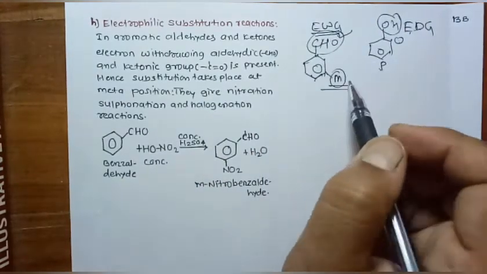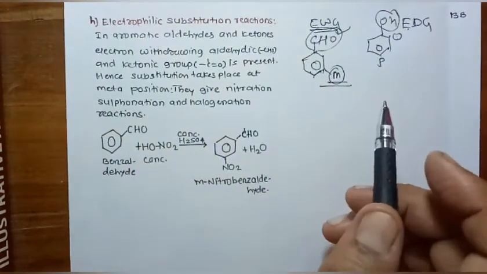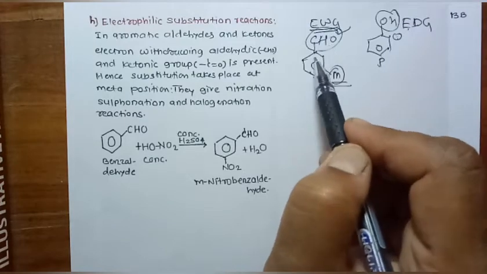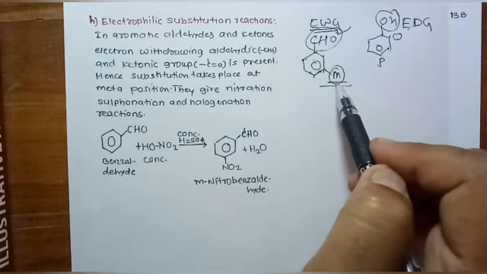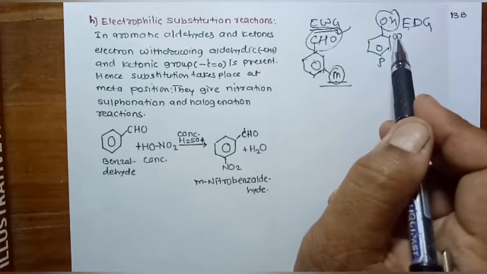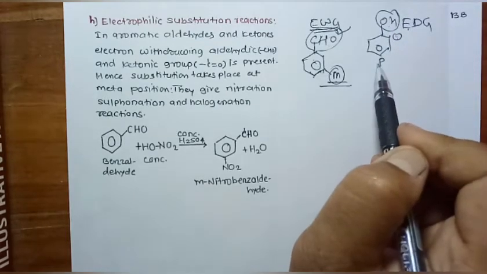It is important, you have to remember this. Whenever an aldehyde group is attached to the benzene, we have to attach the substituent at the meta position. If an electron donating group is there, we attach the substituents at ortho and para positions.